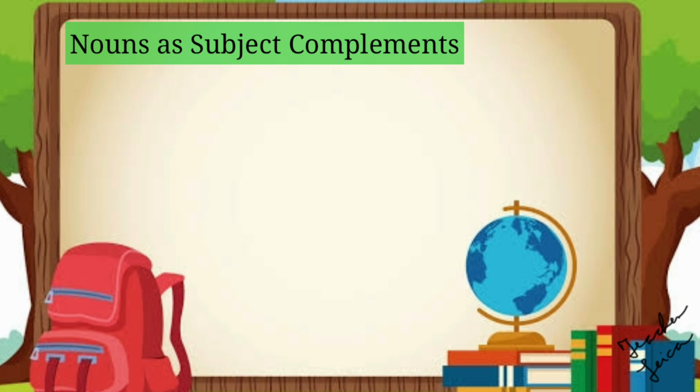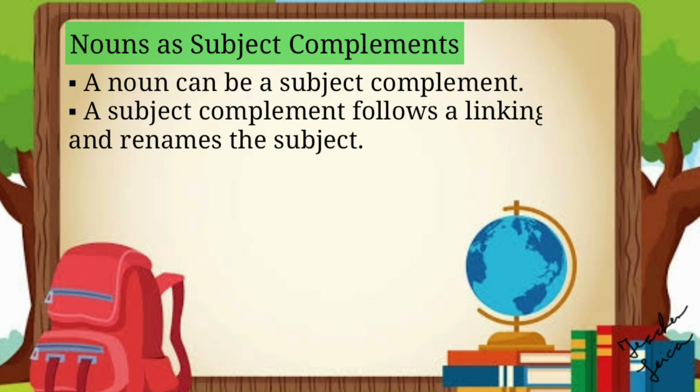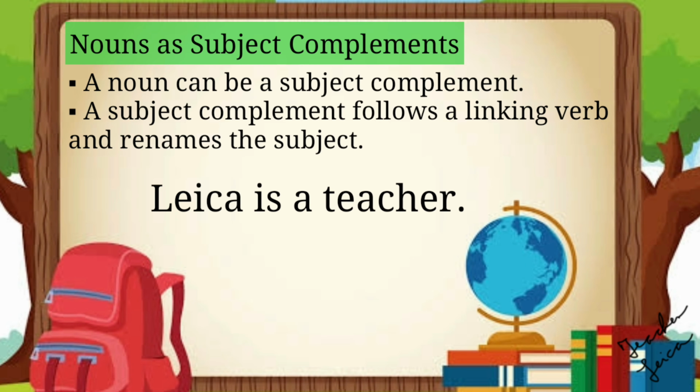Another use of nouns. Nouns as subject and object complements. Another type of noun use is called a subject complement. A noun can be a subject complement. A subject complement follows a linking verb and renames the subject. Example. Leica is a teacher.